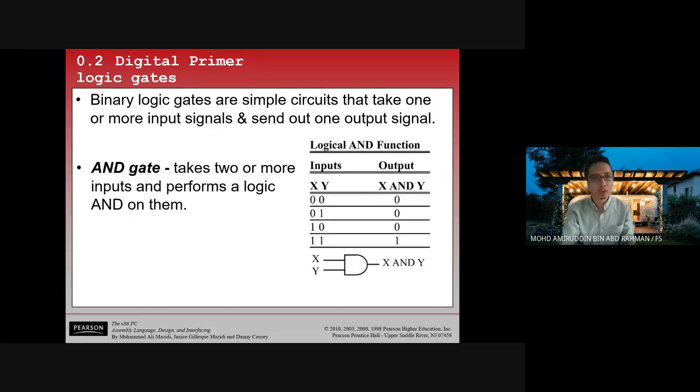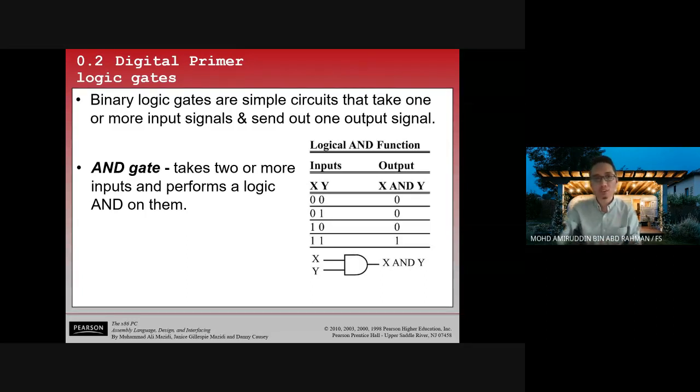So let's say over here we have the AND gate. The AND gate compares two input signals. If both are 1, then it turns on and gives an output of 1.